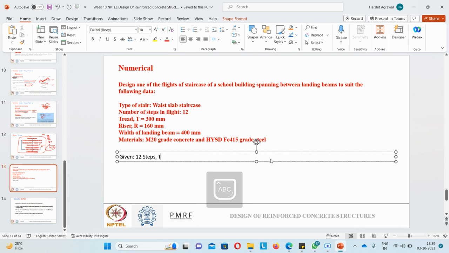T is 300 mm, R is 160 mm, width of landing beam is 400 mm, and we need to use M20 grade concrete and Fe415 grade steel.